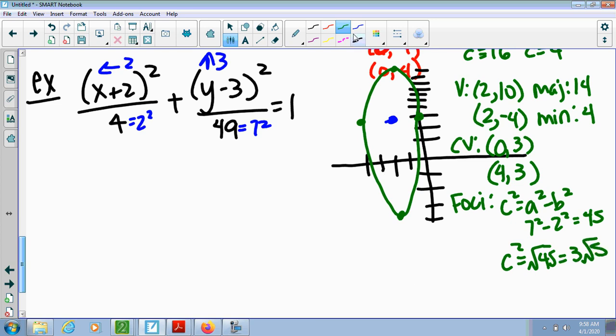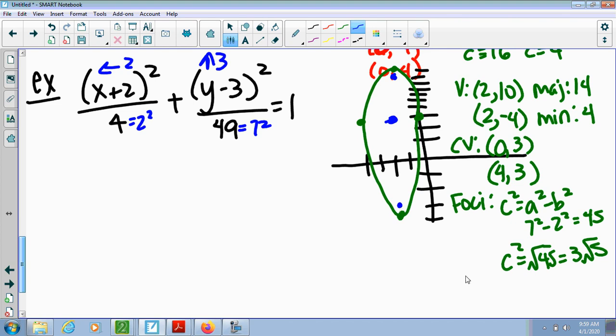So I'm the square root of 45 away from this center point going up and going down. The square root of 45 is in between 6 and 7. So it's almost 7 units away. It's closer to 7 than it is to 6. So I'm going to go 1, 2, 3, 4, 5, 6 and a little bit, and down 6 and a little bit.